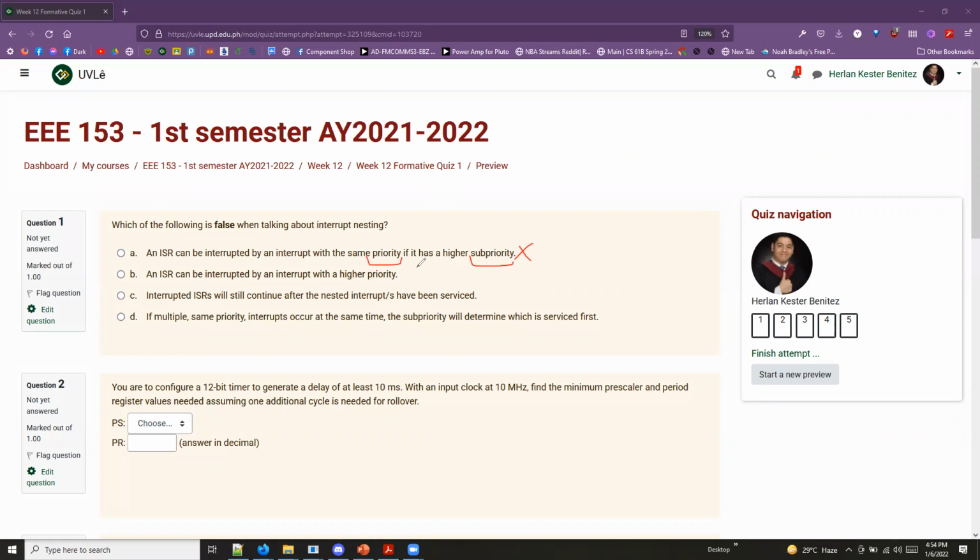But if an interrupt is already running, even with maximum sub-priority, it cannot interrupt an ISR of the same or higher priority. So that is the answer. But let's go over the other statements. An ISR can be interrupted by an interrupt with a higher priority, of course. And interrupted ISRs will still continue after the nested interrupts have been serviced. That's why it is interrupt nesting.